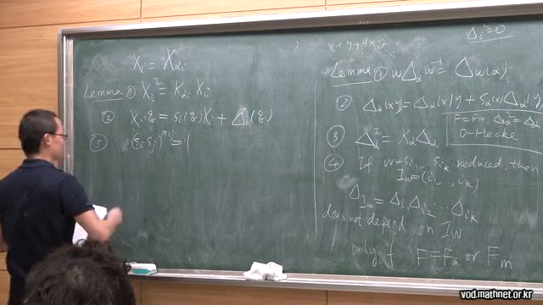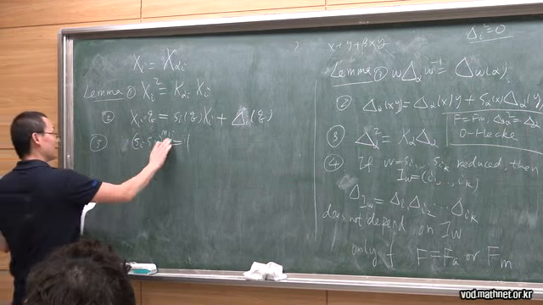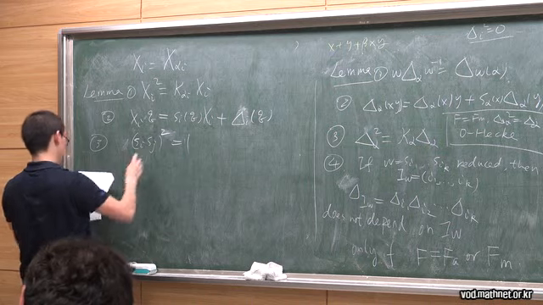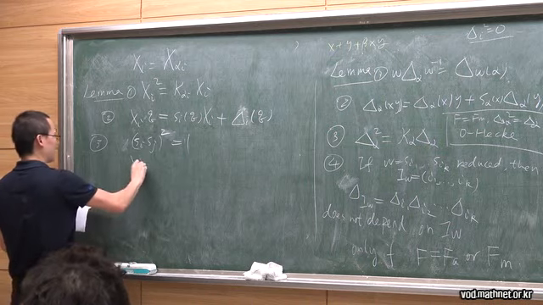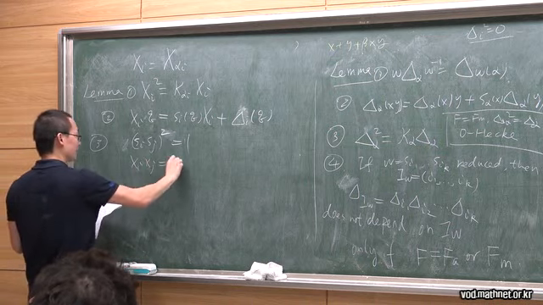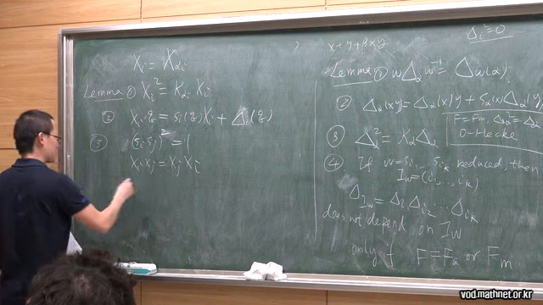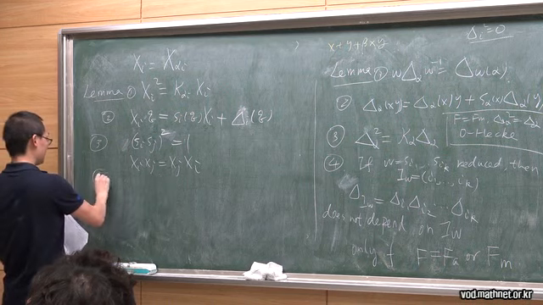Just four choices. If this is 2, then xi, xj commute with each other. If xi commutes with sj, then xi, xj commute. That's easy.